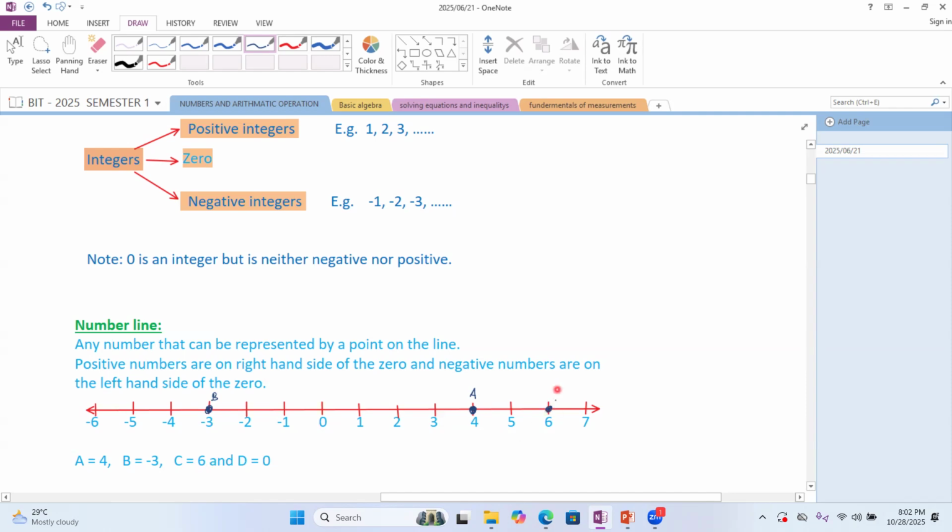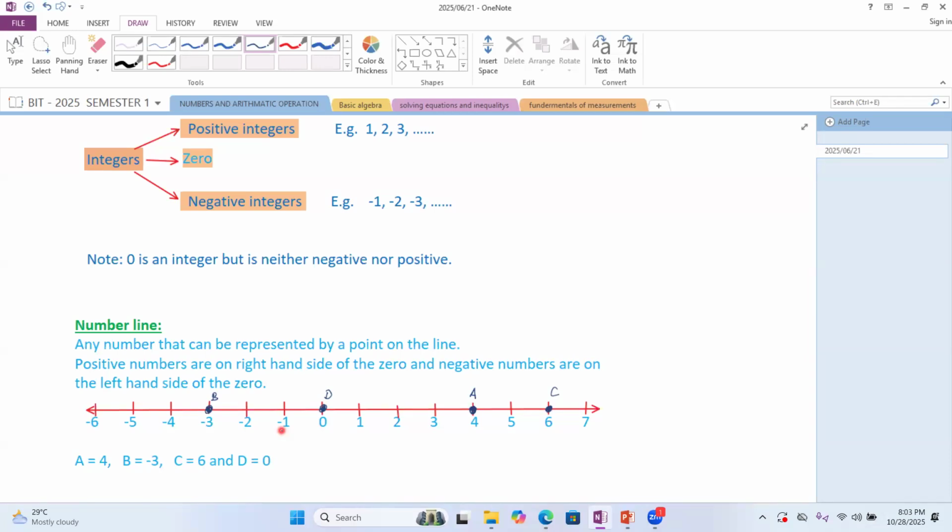That is C. Then D is a 0. These are the numbers represented on a number line.